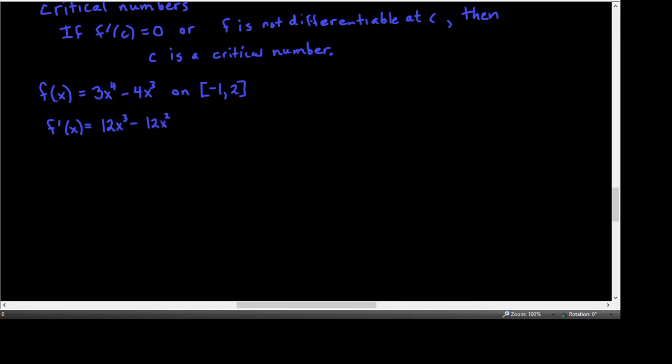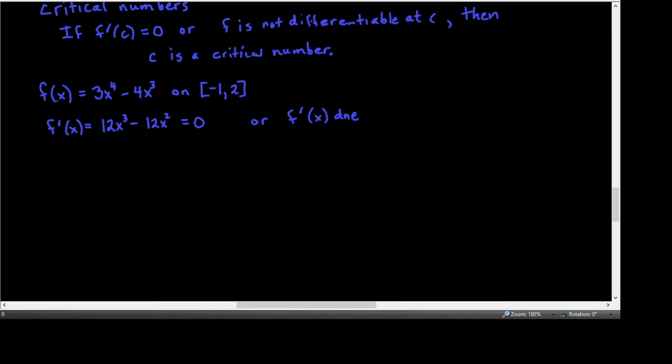And the critical numbers occur when the first derivative is equal to 0, or when f of x is not differentiable at c. The short version of that is f prime of x does not exist.